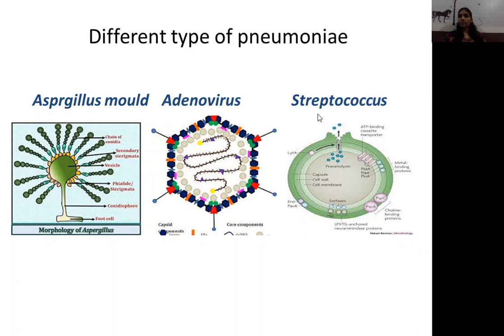Next one is the streptococcus, which is rounded in structure. Except for these three, more types are also present, but some types of pneumonia are here, like the aspergillus mold, adenovirus and the streptococcus.